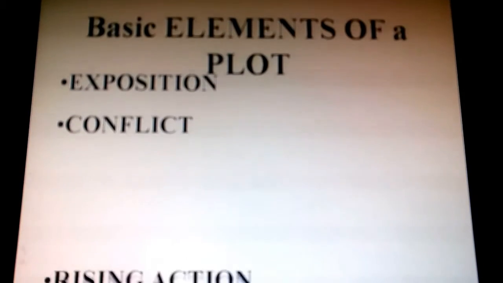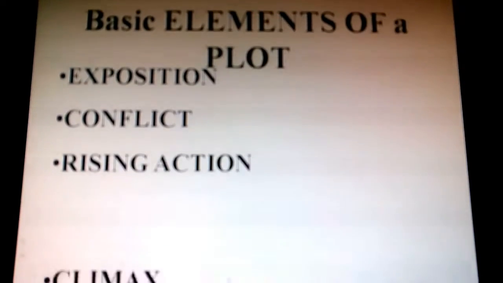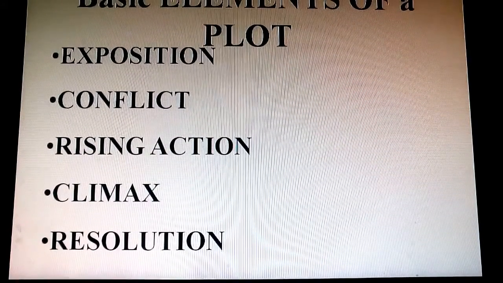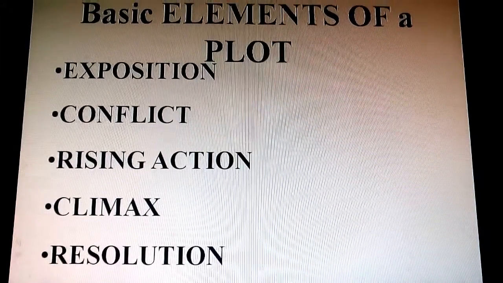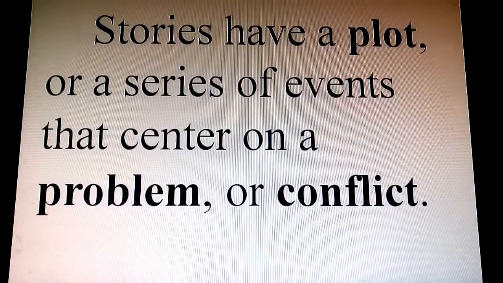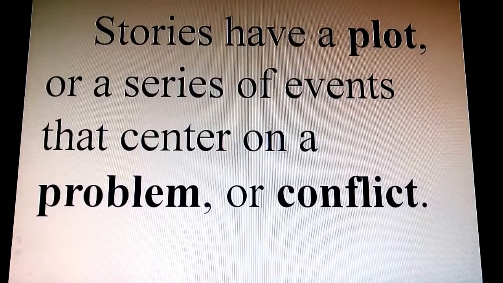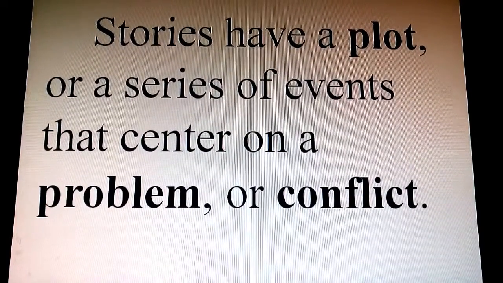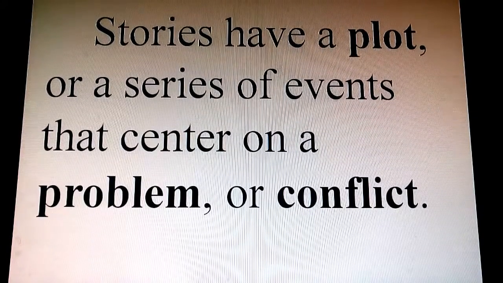After that, we have the basic elements of a plot. The basic elements include exposition, conflict, rising action, climax, and the resolution. I'm going to explain them to you one by one. But before that, stories have a plot, or a series of events that center on a problem or a conflict, because a story without a conflict would not be a story, it's only a narration.